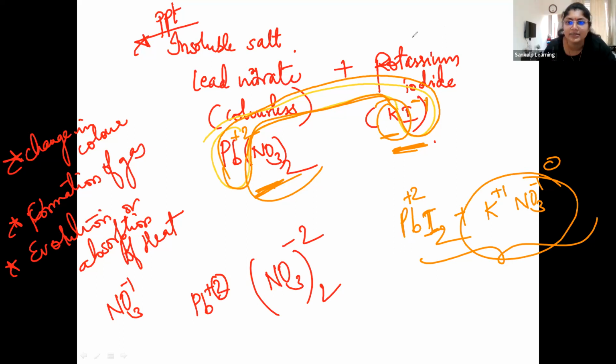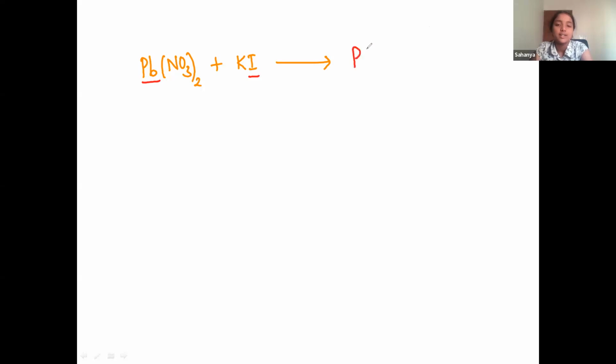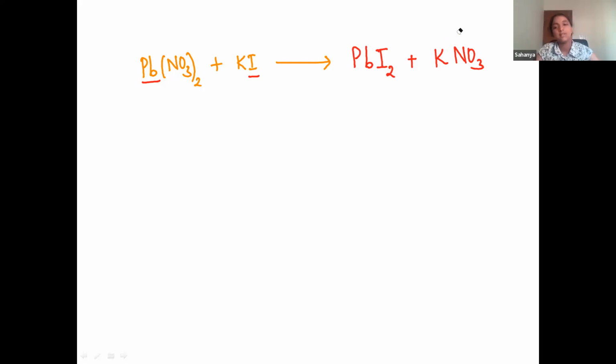Lead nitrate plus KI gives PbI2 plus 2 KNO3. Pb is +2, iodine is -1, and because there are 2 nitrates, it is 2 KNO3. Now we'll go for balancing.